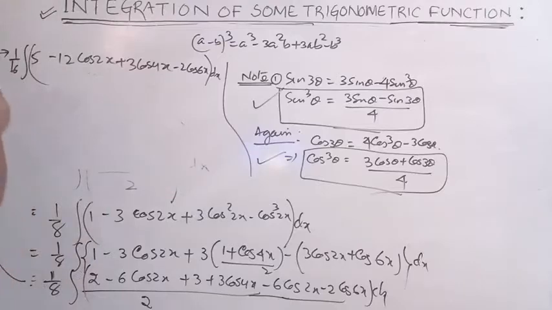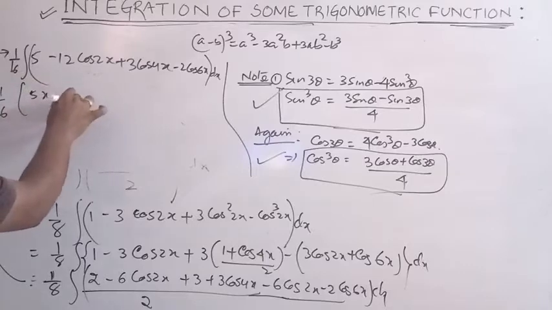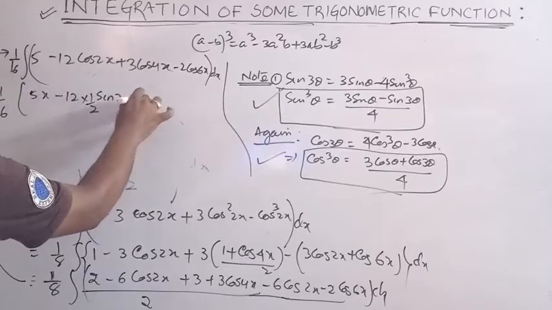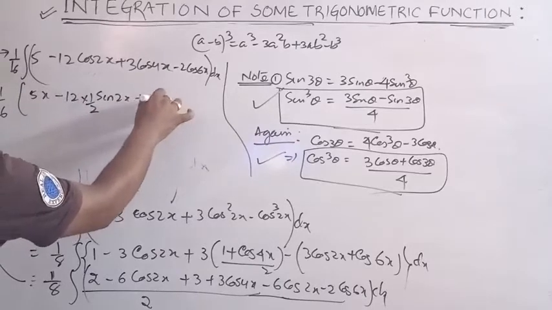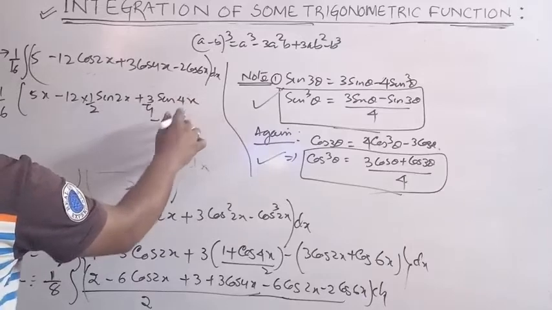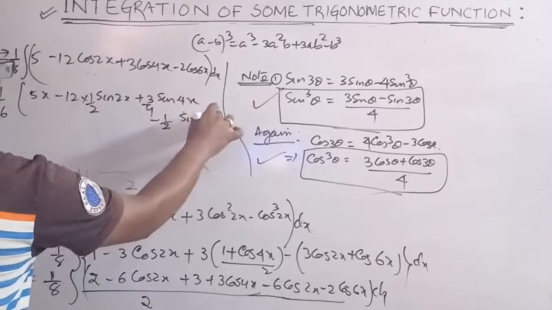So the integration is 1 by 16 times 5x, minus 12 into 1 by 2 sin 2x, plus 3 by 4 sin 4x, minus 2 by 6, sorry, 2 by 6, so 1 by 3 sin 6x plus c.